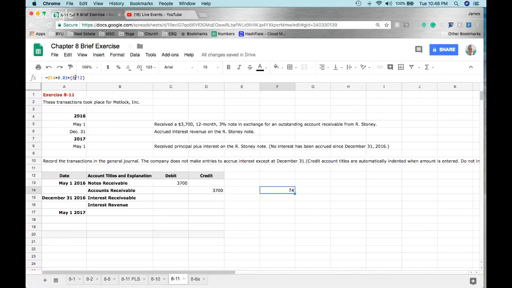That's actually $74 for that interest. So we'll go ahead and do that. Debit interest receivable for 74, and credit interest revenue for $74.